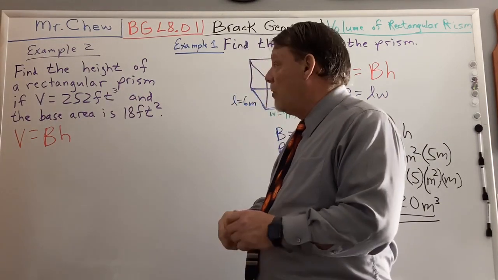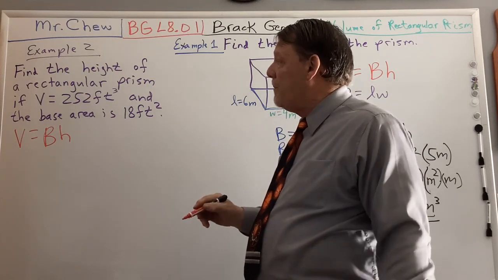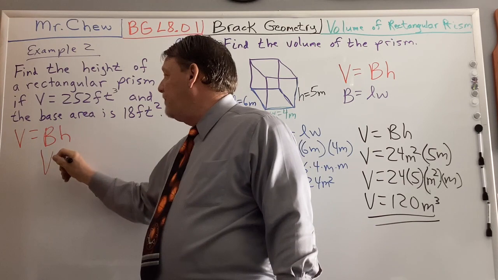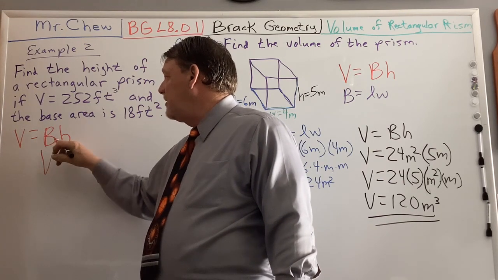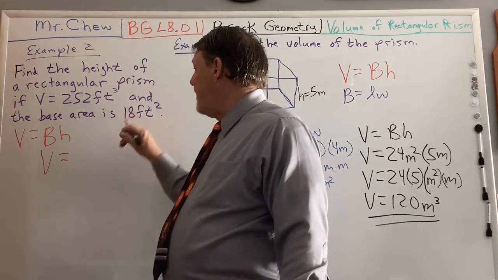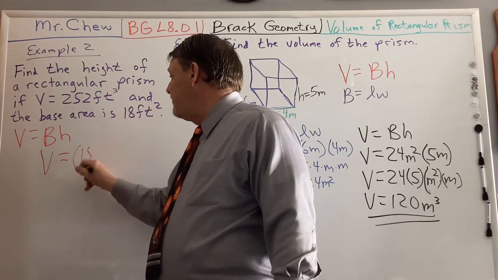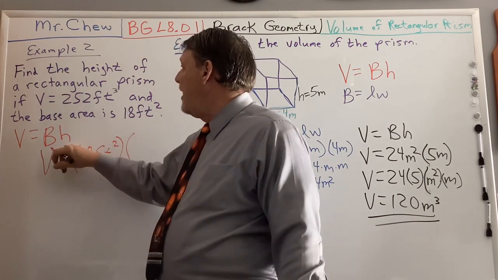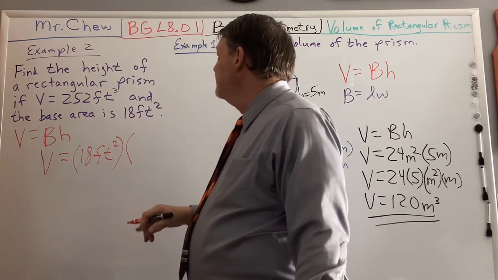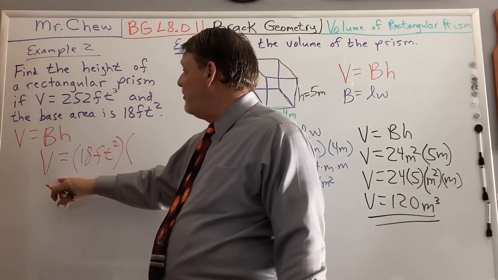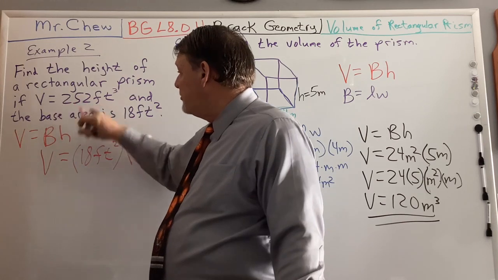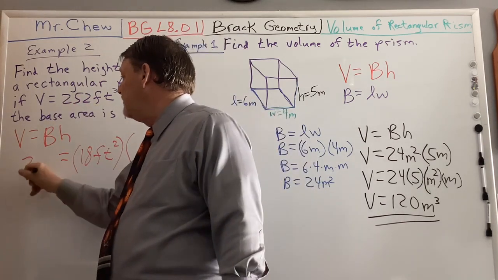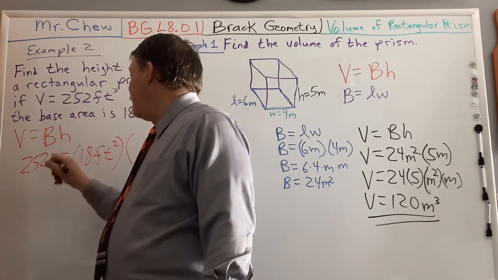All right, so we're just going to use the substitution property of equality and use my volume equals base area times the height, and we're given the base area. I substitute, and my height, I don't know, but do we know the volume? We sure do. It's 252, so I can substitute there as well. And that's feet cubed.